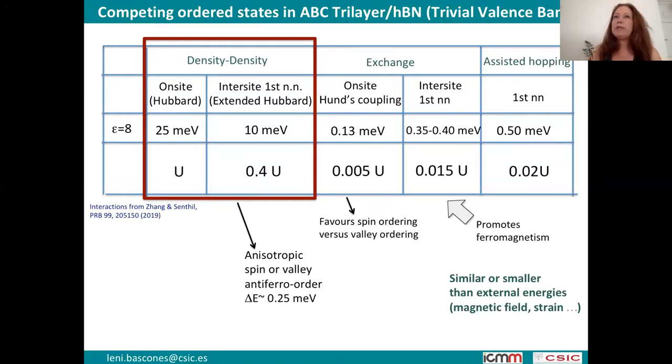These differences in energy are small, and so they can be compatible with external energy. So there is even the possibility that different states appear or can even be tuned by strain or screening or something like that, in a similar way in which it has been found in twisted bilayer graphene.